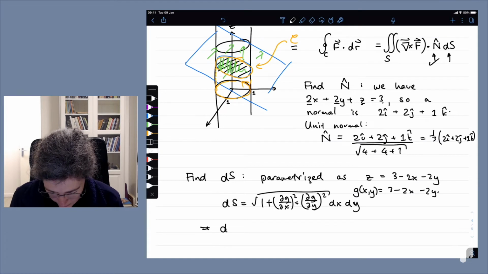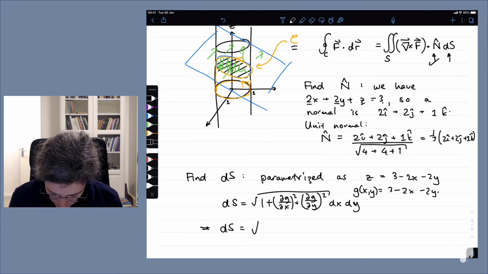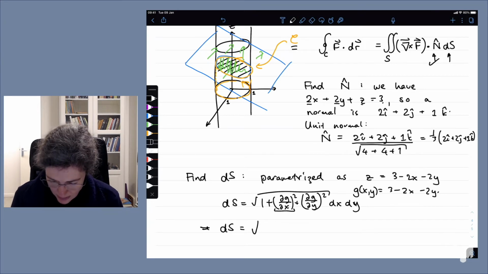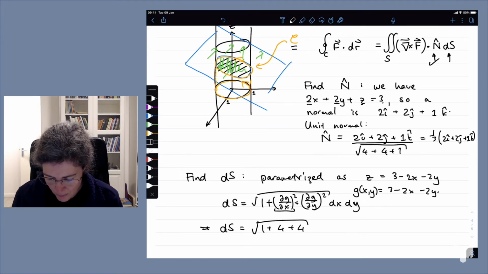So we have dS is equal to, and here again, dg by dx, if we have a look over here, is going to be minus 2, so we square that, we get 4. dg by dy is going to be minus 2 squared, we get 4, so we get the square root of 1 plus 4 plus 4, dx dy.